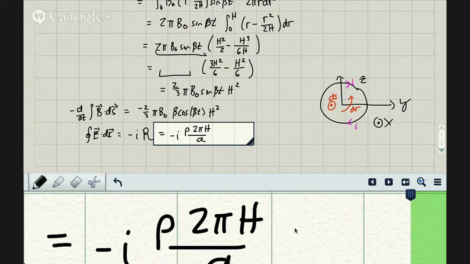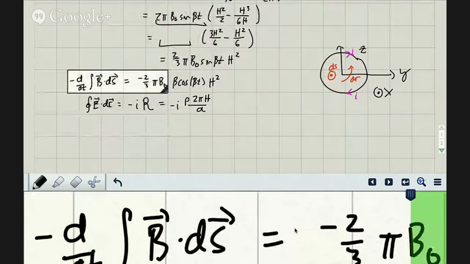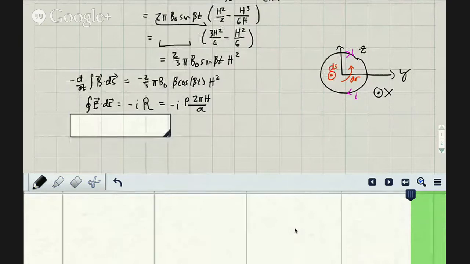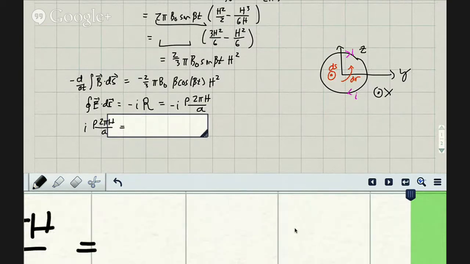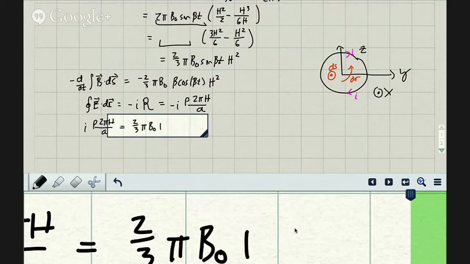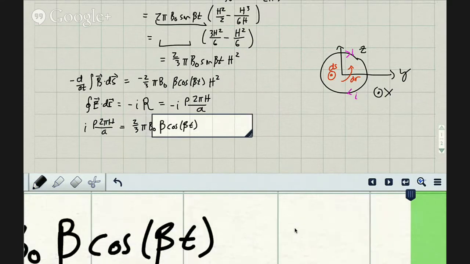Let's set the integral of E dot dr equal to this negative time derivative here, and we're going to get I rho 2 pi h over A equal to 2/3 pi B0 beta cosine beta t, all times h squared.